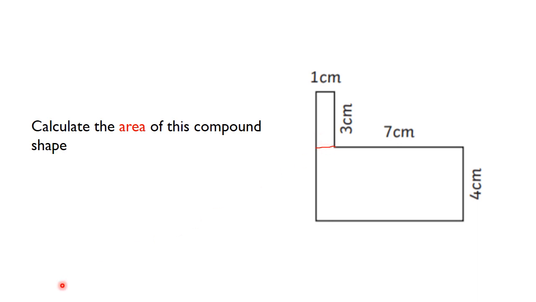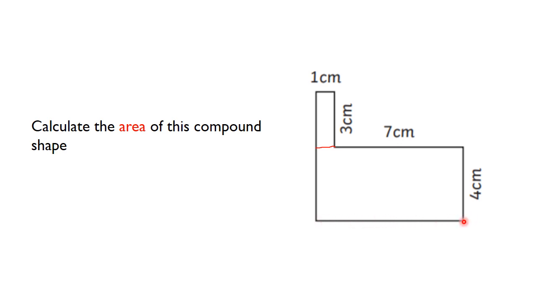Now, let's have a look at the larger rectangle we're left with. So we know that the width of it is 4 centimetres. However, we do not have the measurement of the length, this side.